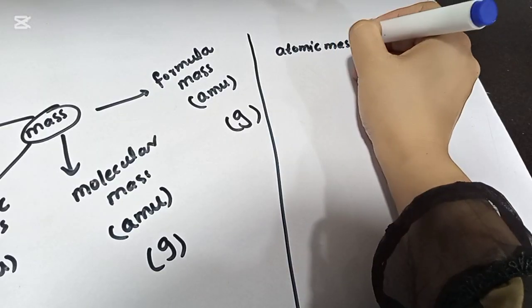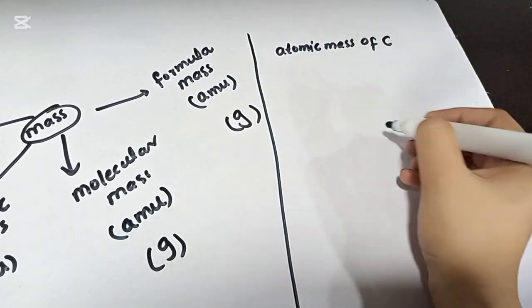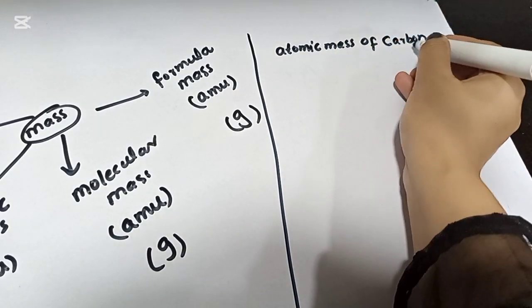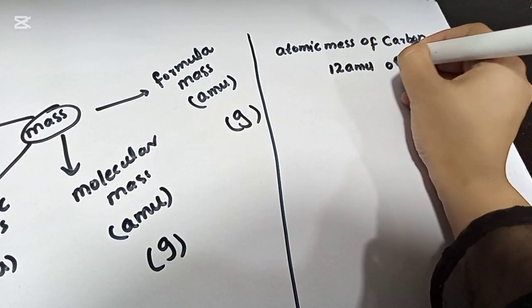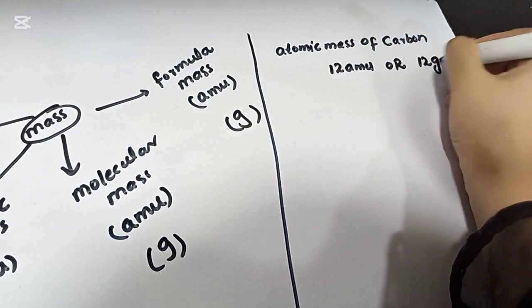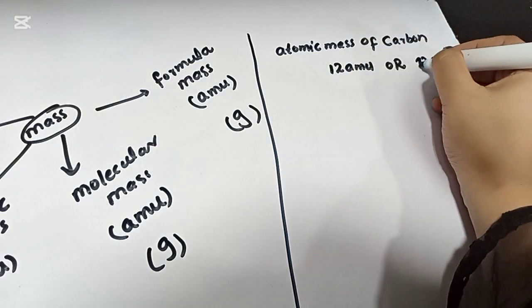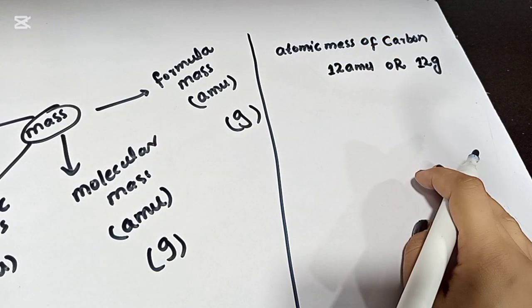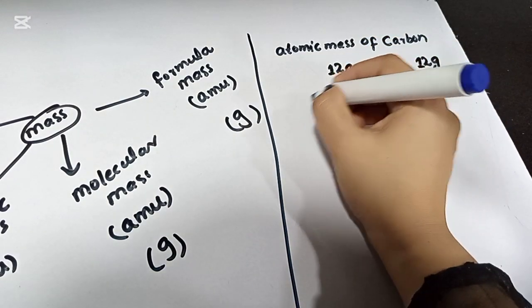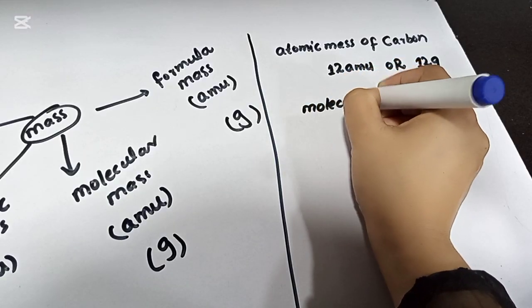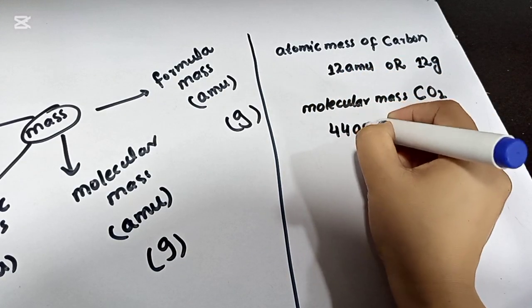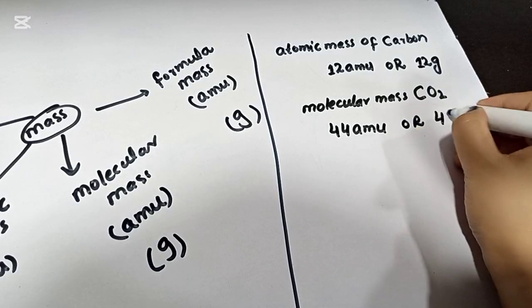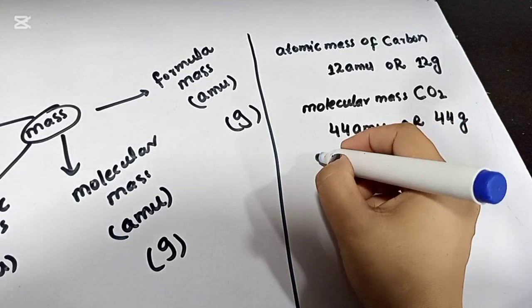For example, the atomic mass of carbon is 12 AMU, or 12 gram. Similarly, the molecular mass of carbon dioxide is 44 AMU or 44 gram.